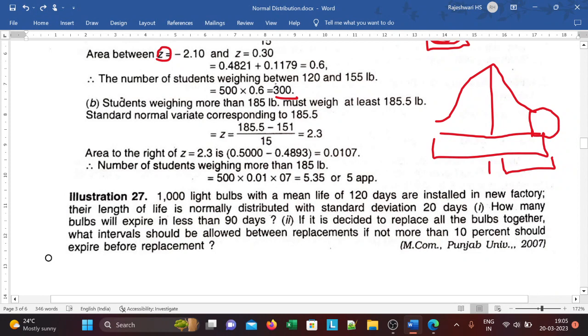I'll give some clues. 90 means we are going to consider 90.5. So the x value is 90.5, the mean value is 120, and the standard deviation is 20. In a normal distribution we'll get the answer. So hope you will try.